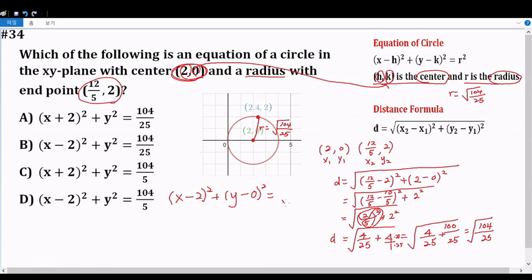So we have square root of 104 over 25 squared. To simplify, x minus 2 squared plus y minus 0 is just y, equals square root of 104 over 25 squared, which is just 104 over 25. Therefore, the answer is B.